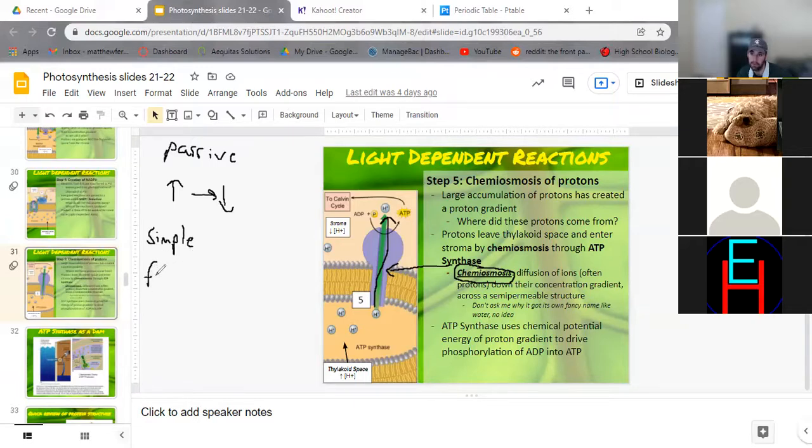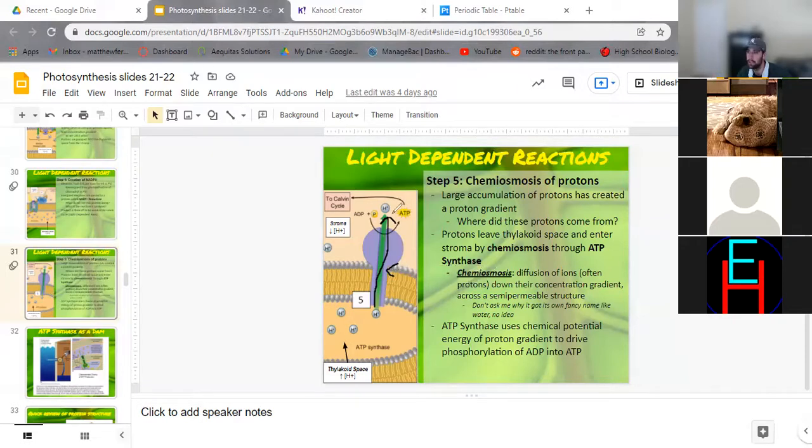But it could be facilitated diffusion as well, where it's from a high to low concentration, but usually with the help of a carrier or a channel protein. And that's what we see here. Chemiosmosis is specifically a type of facilitated diffusion. That's all it is. It's facilitated diffusion with a fun name to it.